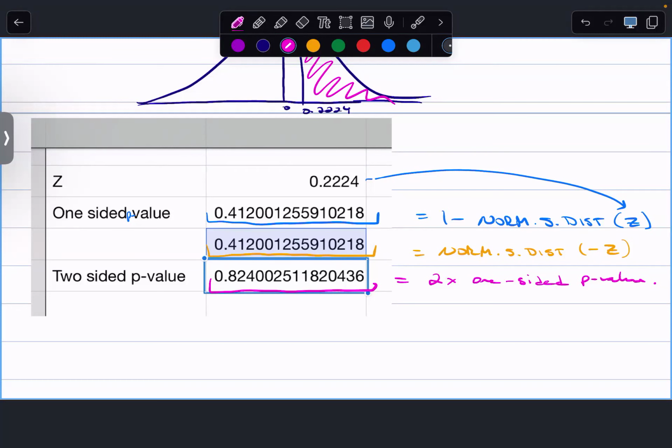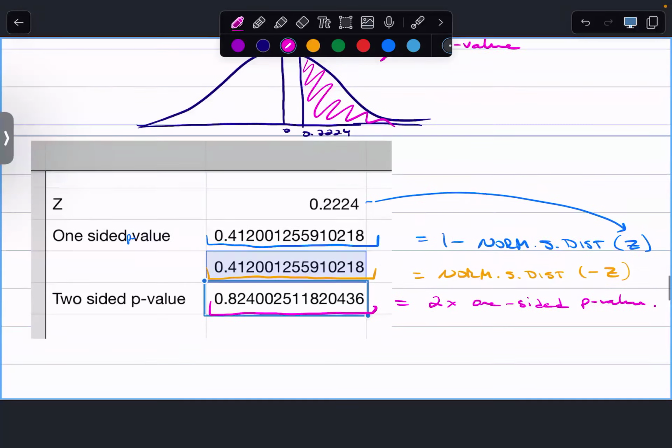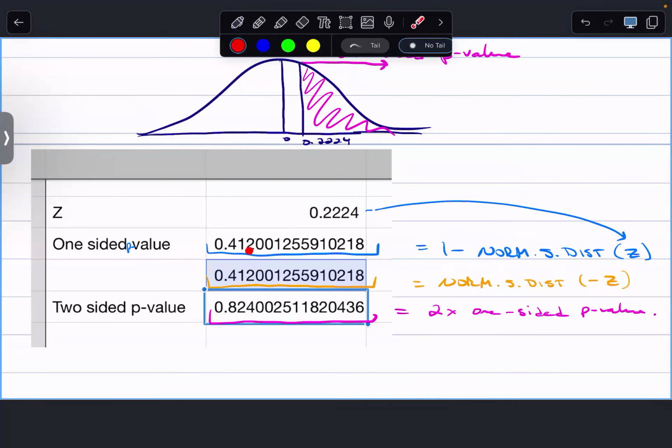That makes sense, right? Makes sense in the way that the area in the upper tail should be relatively close to 0.5, right? 0 splits it in half. And so if I move out a little bit, I'm expecting it to be close to 0.5, but not quite. And so it's more like 0.4. That's great. Makes sense.